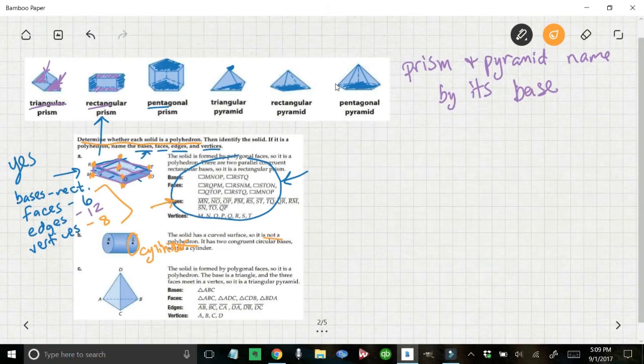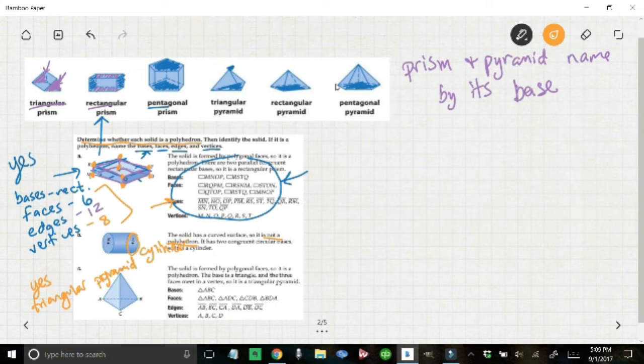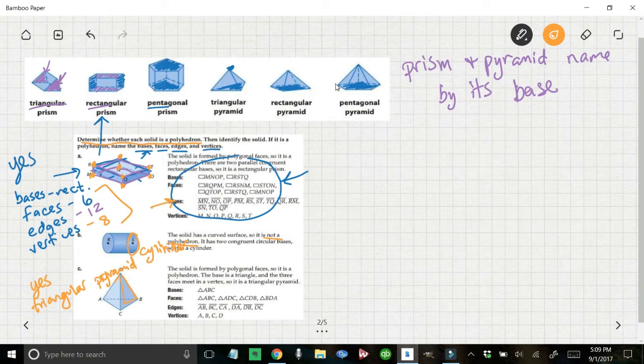For this last one here, yes, it's a polyhedron. It's a triangular prism. I'm sorry, it's a triangular pyramid. I already messed that one up. So pyramid. And it has 1, 2, 3, and then the bottom face is 4. 4 faces.